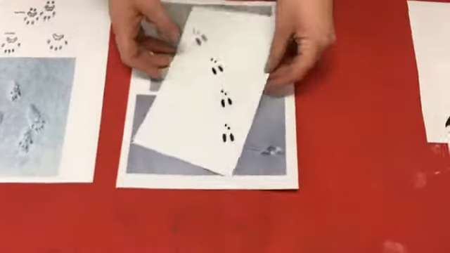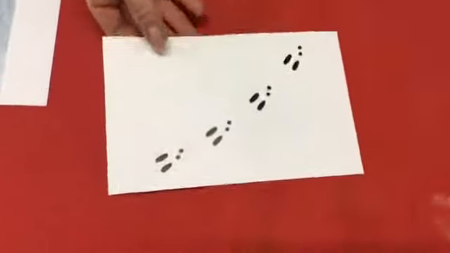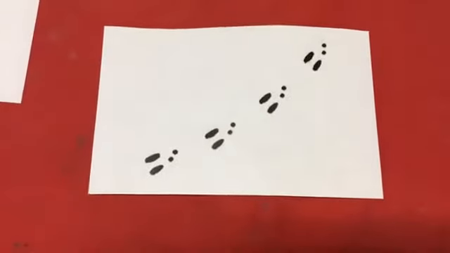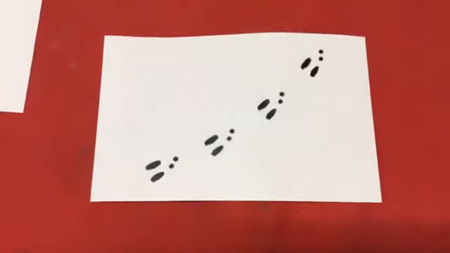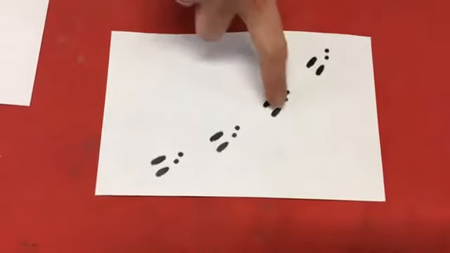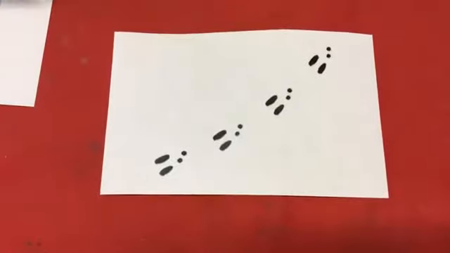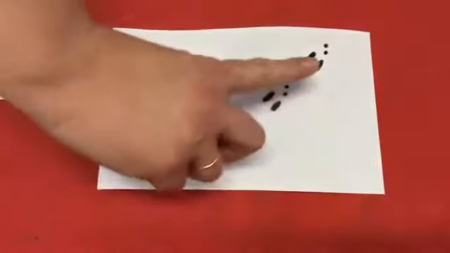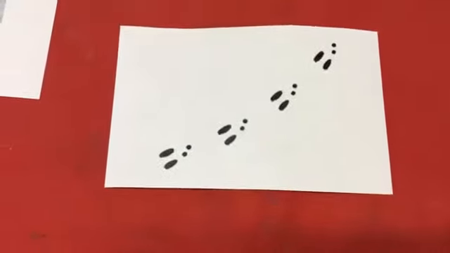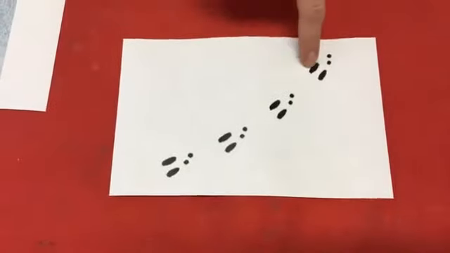The next one we're going to look at is a little bit of a smaller animal. This is what you're going to see usually as the pattern. And this is one of my favorite animal print patterns because it reminds me of little boots, kind of. You have the toe and the heel here. And believe it or not, we might think that the track pattern is going this way because when we're looking at a lot of animals, they mainly have small front feet and bigger back feet.